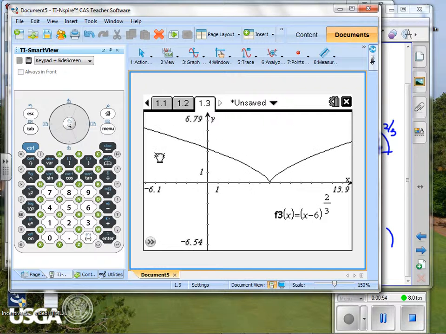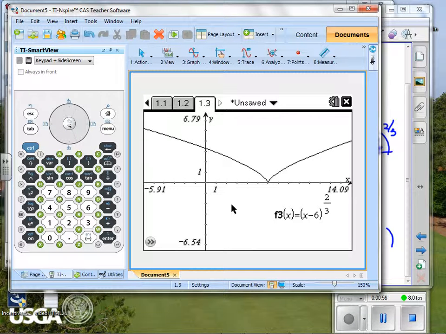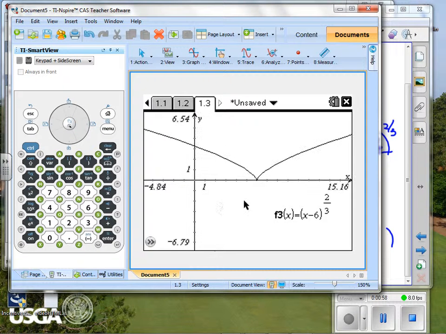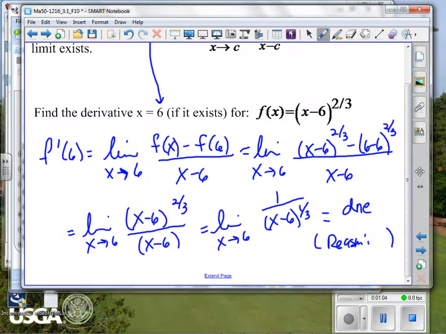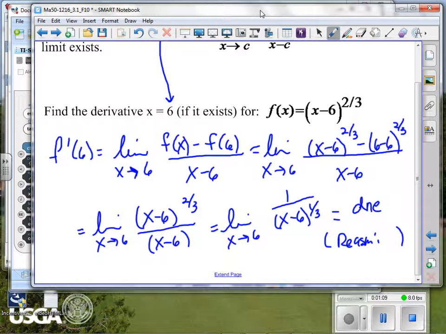I'm just going to pull that screen over so we can see it a little better. What are we going for in this problem? It says, find the derivative if it exists. According to our analytical work, we would say it does not exist because we get a zero denominator.